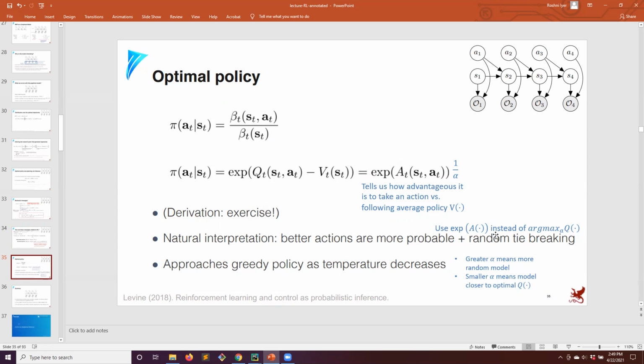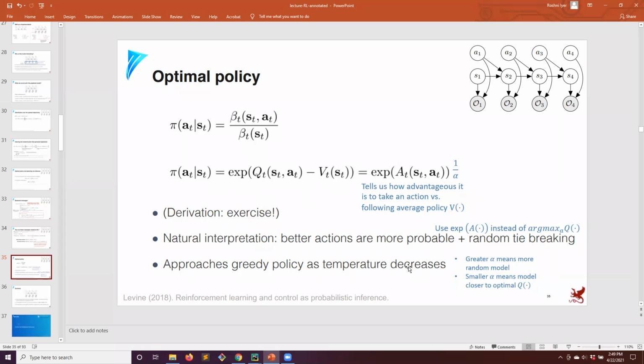The reason is that we have this advantage function, which, instead of being more deterministic towards the optimal Q, such as the argmax over the actions of the Q function, does something a little bit different. It's the exponential of Q minus V. And this approaches the greedy policy as the temperature decreases.